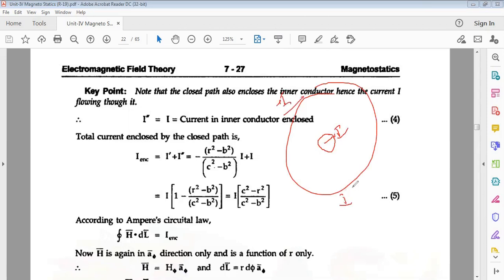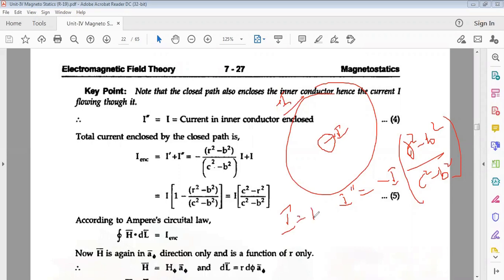For minus I, you can consider I double dash as minus I into C square minus B square by C square minus B square. And the total current I is equal to I dash plus I double dash. So plus I is also added inside.